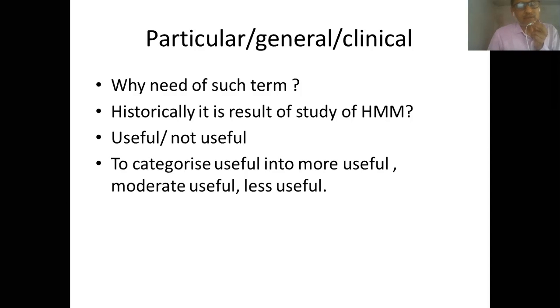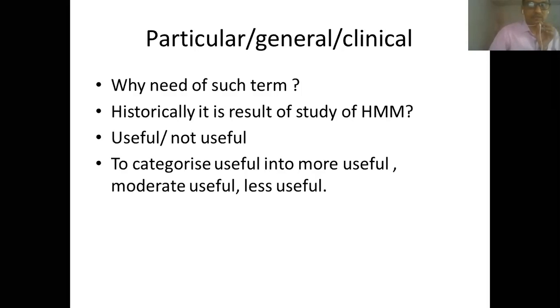Is it clear why the need for such terms was basically required? In guiding symptom and characteristic symptom, there were only two categories: useful and not useful, very important and not important.